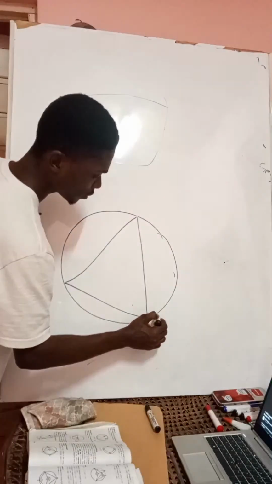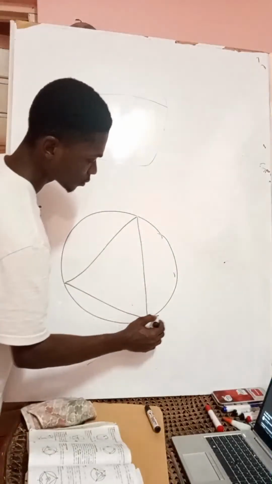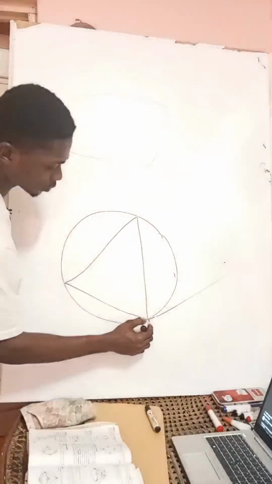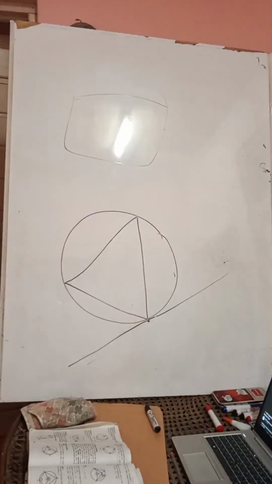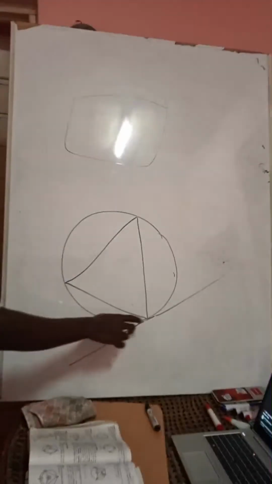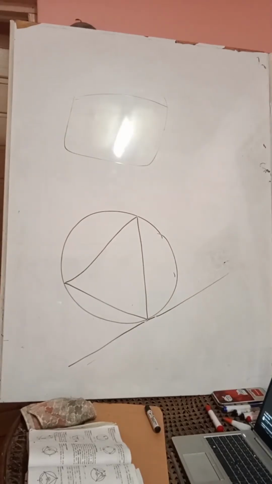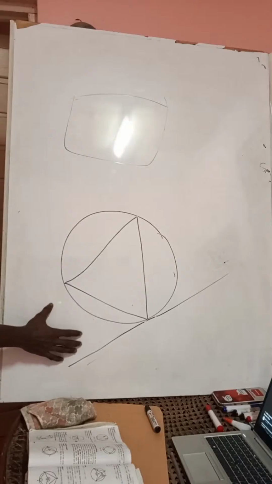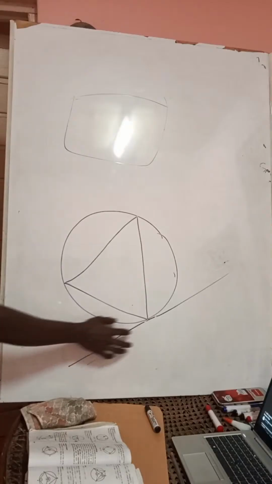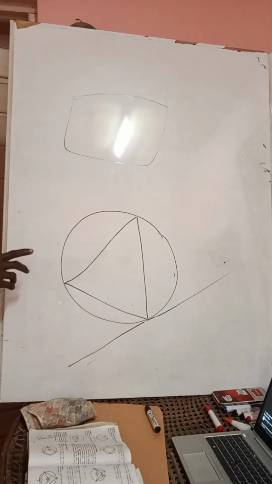Let me see if this is a tangent. Yes, this is a tangent. A tangent is a line that touches the circle at what? At one point. So for you to know that it's a tangent, it touches the circle at one point. Do you understand?